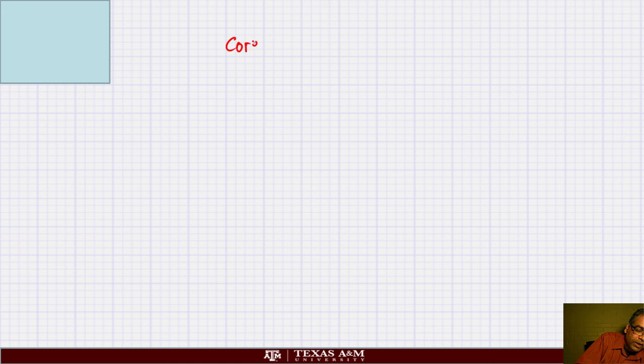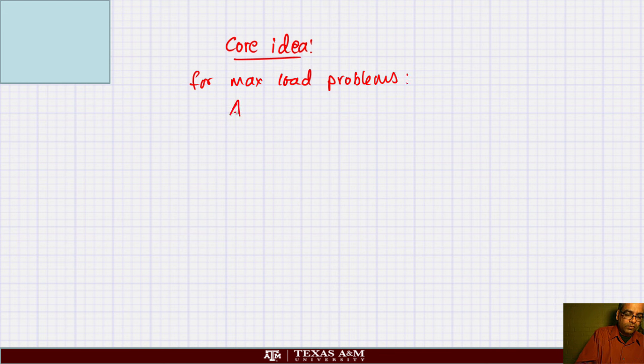core idea summary: for max load problems, assume load equal to 1 pound and find how it is shared.